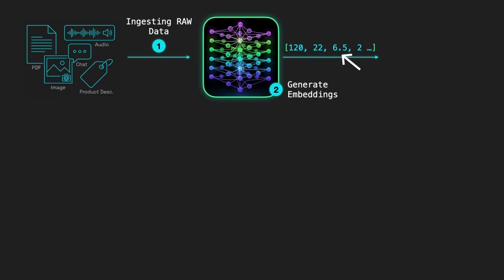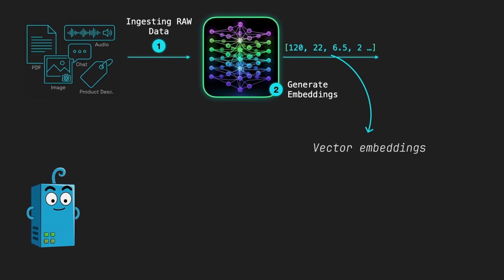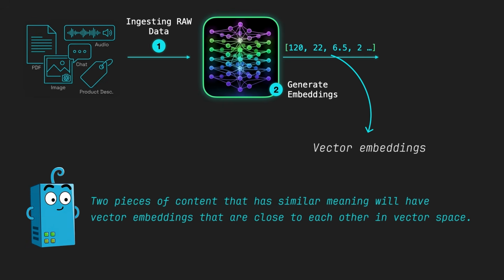These numbers capture the meaning of the original data. These are also called vector embeddings. Don't worry about vector embeddings for now, as we have a dedicated lecture on that later. But for now, just know that two pieces of content that have similar meaning will have vector embeddings that are close to each other in the vector space.